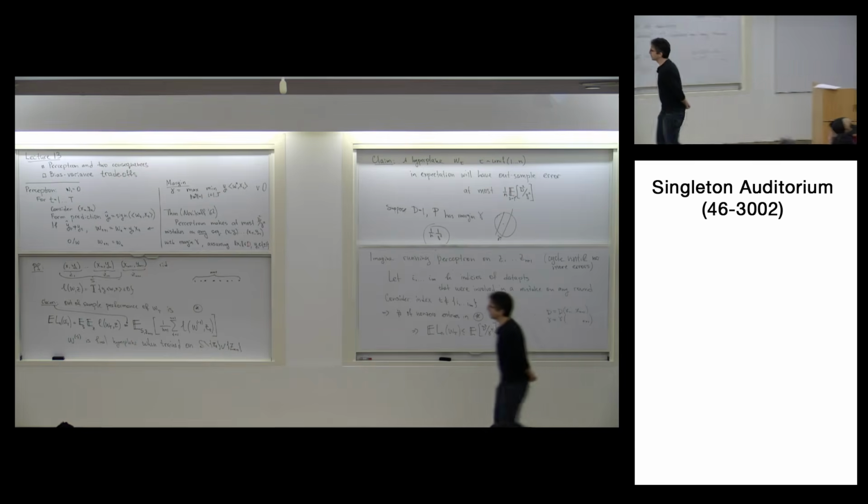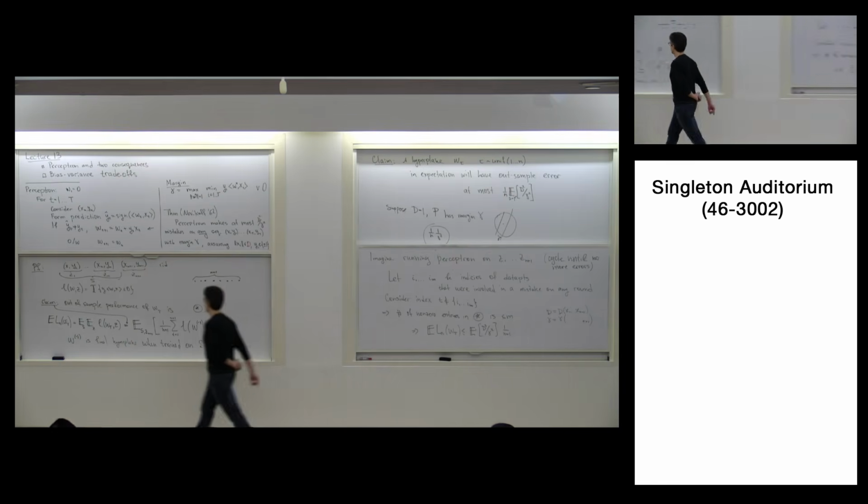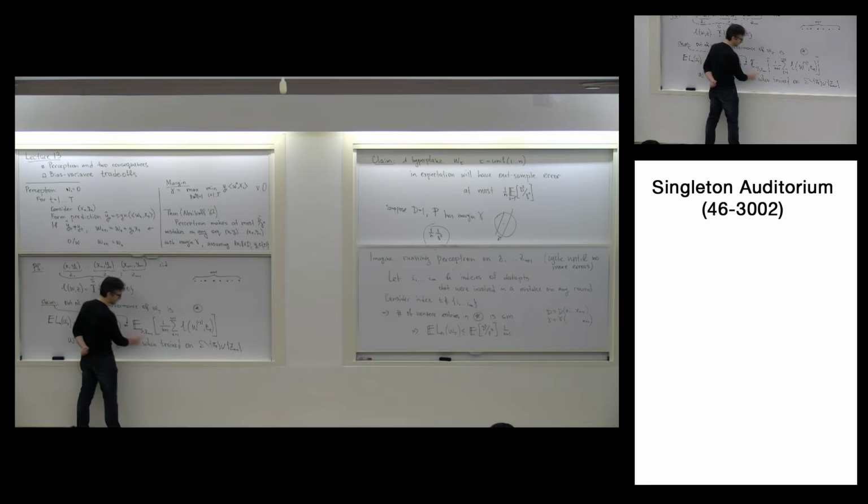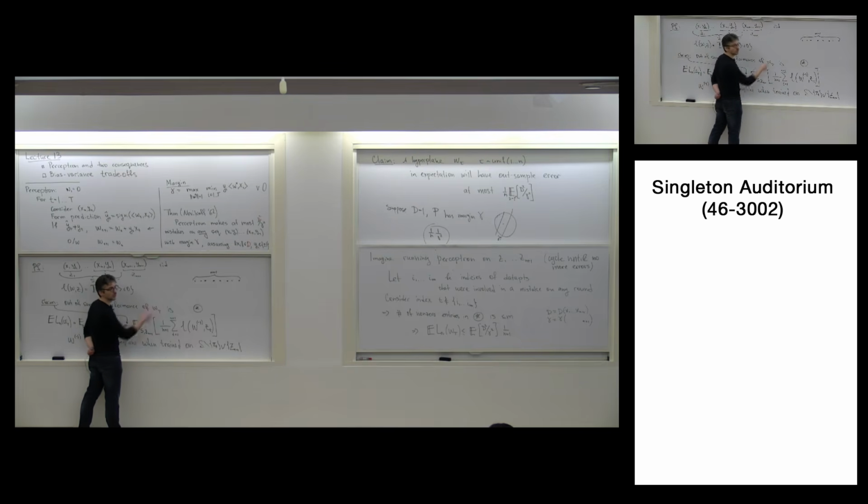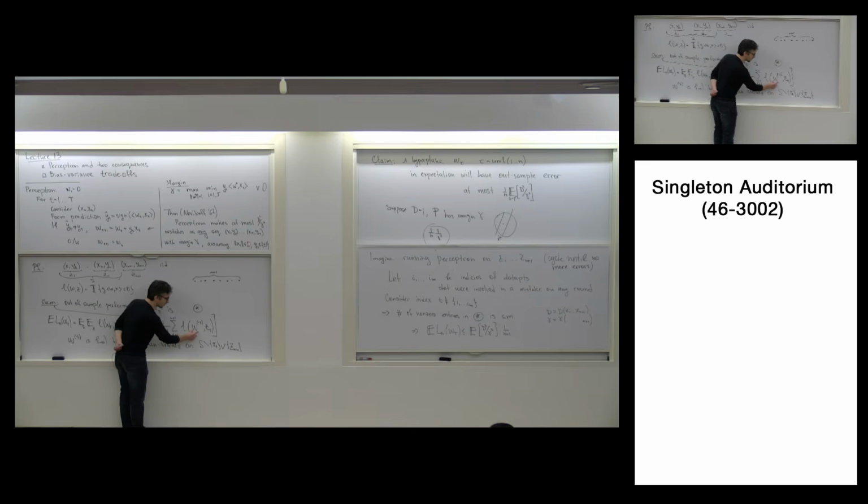Well, all I'm saying here is, consider running Perceptron on these data and marking those indices when there is a mistake. And consider the W which is on the same data set but left out a t-th point.